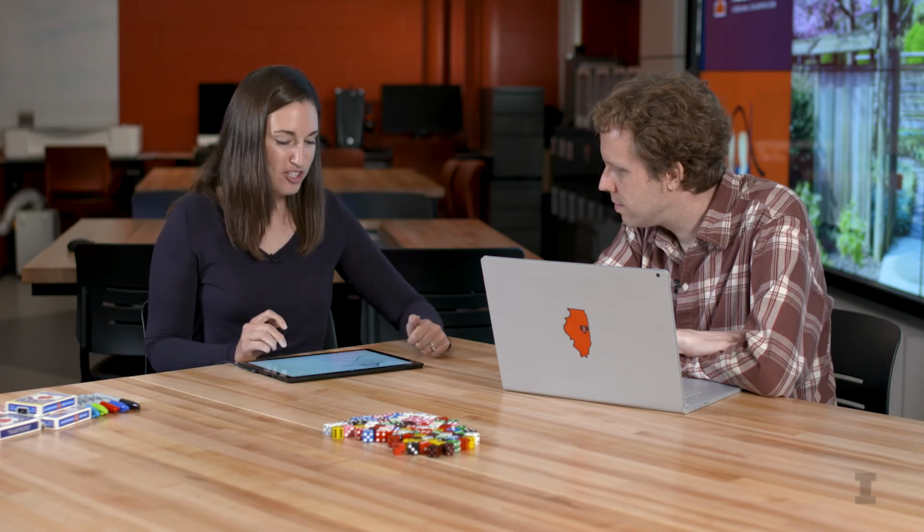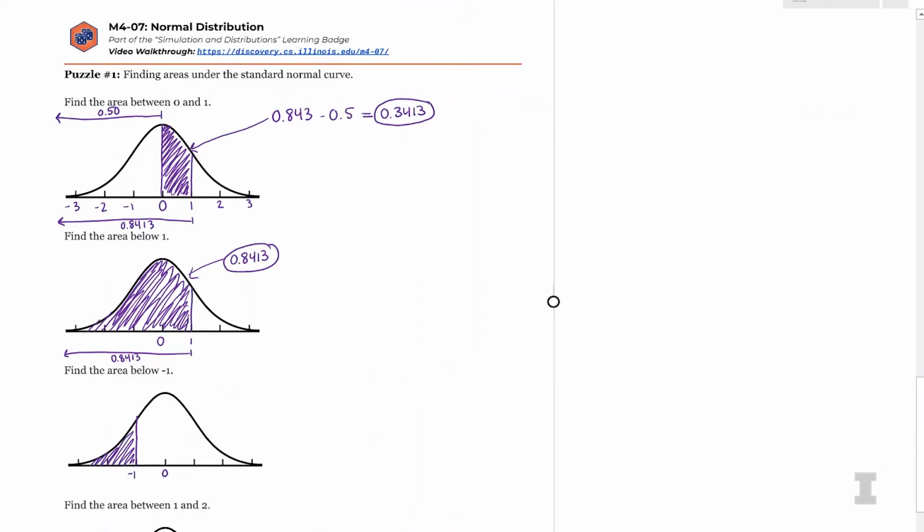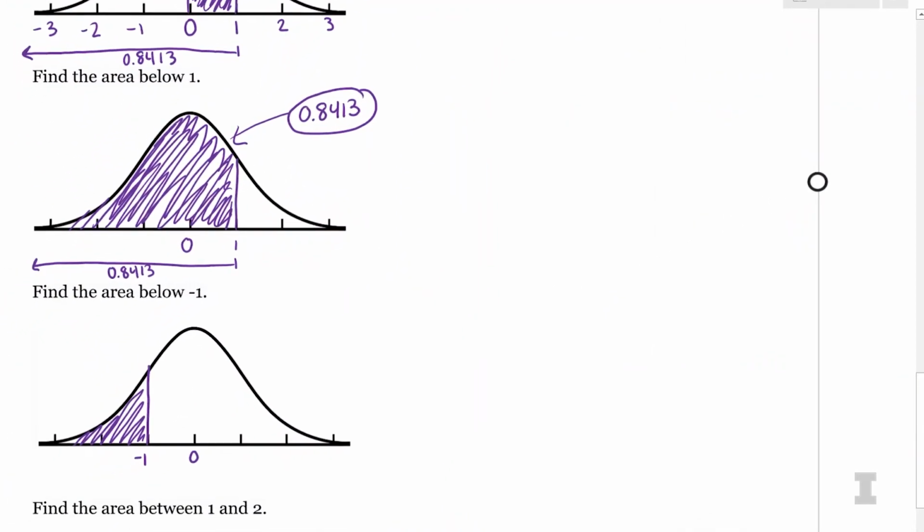Ooh, this is an interesting one. The next one says to find the area below -1. So now we're looking at -1, and if I shade that, it looks like a smaller percentage than the area below 1. So what do you think I can do to find this? This is tough because the table only has positive values.